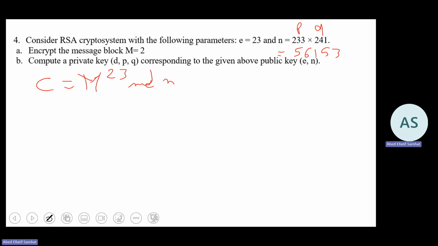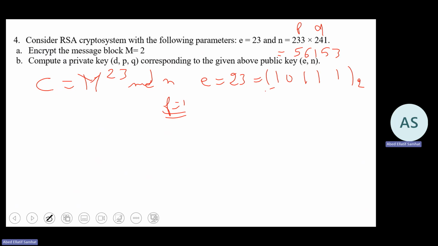Because we have this, let's apply the multiply and square method. It's very easy here. Remember that E is equal to 23, and 23 can be written as 16 plus 4 plus 2 plus 1. So this means that it's 1, 0, 1, 1, 1. Okay, 8 is not here. Remember that the idea was to start with a function f equal to 1, and for the first bit equal to 1, it will be 2.